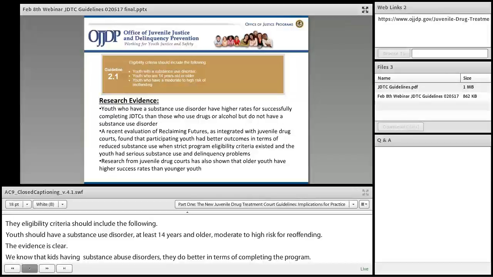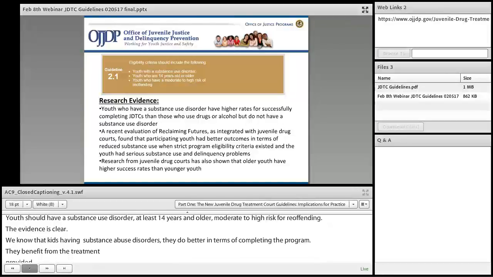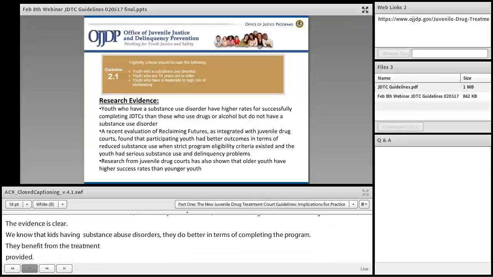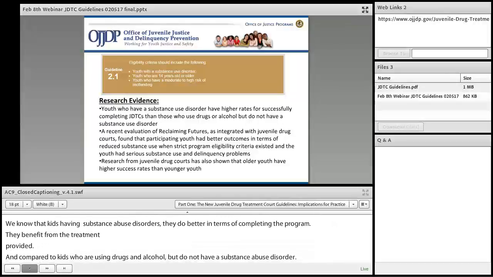In a recent evaluation of Reclaiming Futures, which was integrated with juvenile drug courts, they found that when participating youth had substance use disorder and delinquency problems, and there was strict program eligibility, there were better outcomes, particularly in terms of reduced substance use.